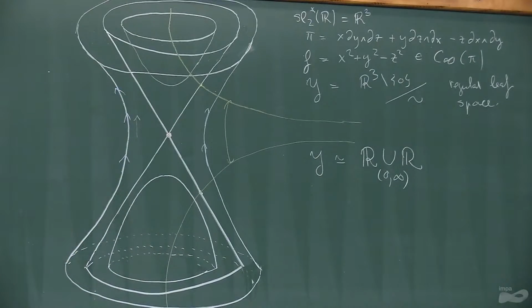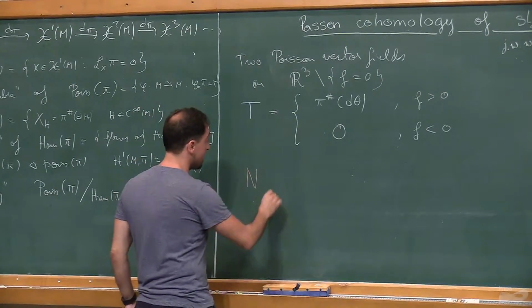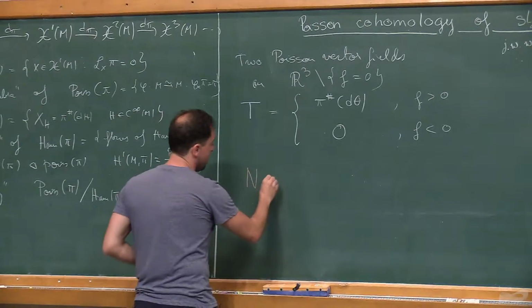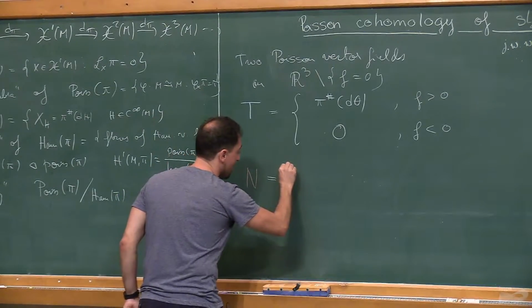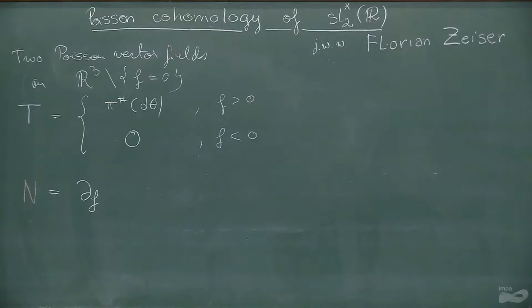And then the second vector field will be normal to the foliation, and therefore I'll call it N, but I'm not really going to give you all the properties of N. It's just that basically this N is the partial derivative with F as a coordinate.